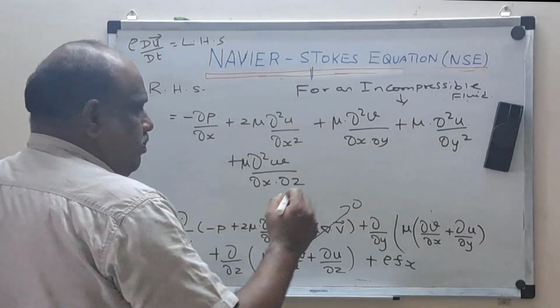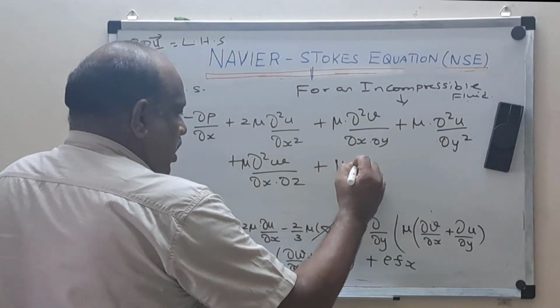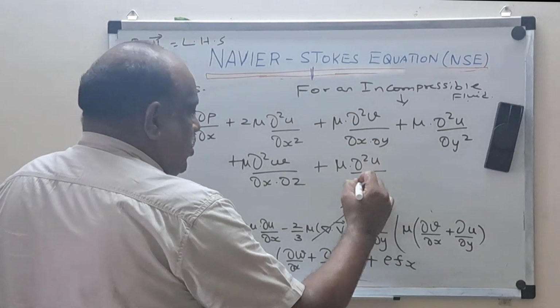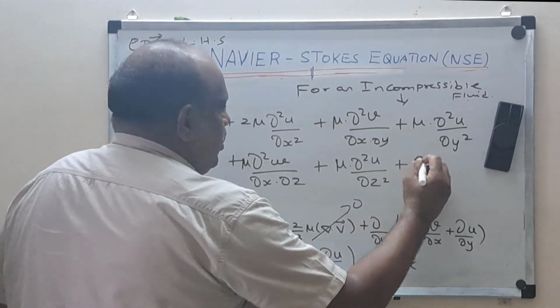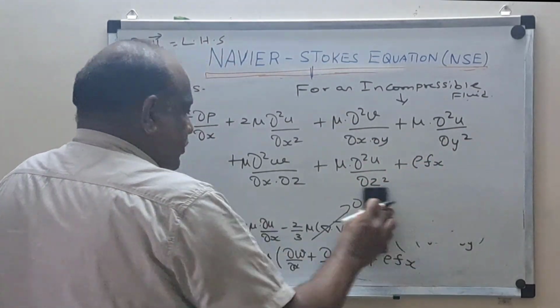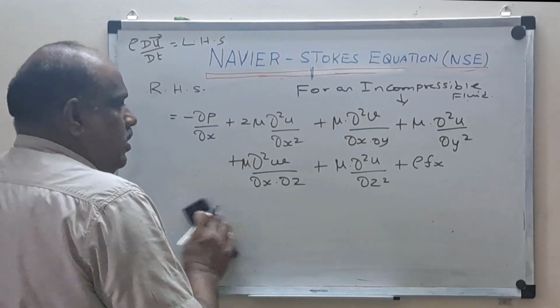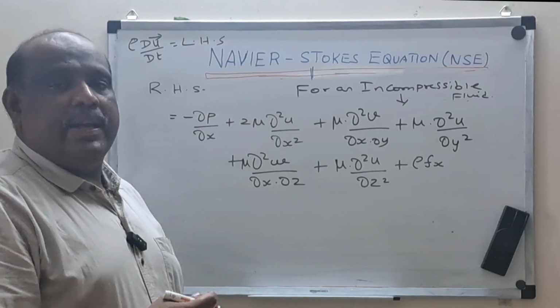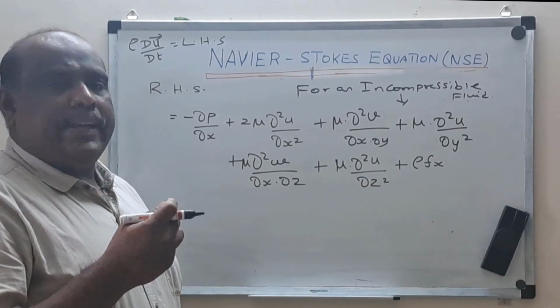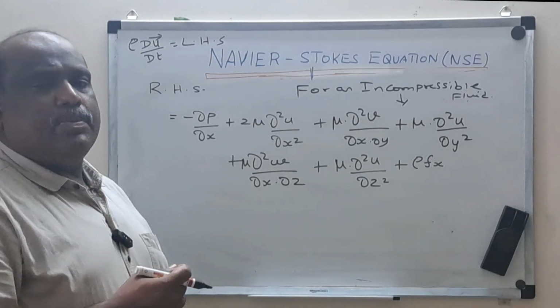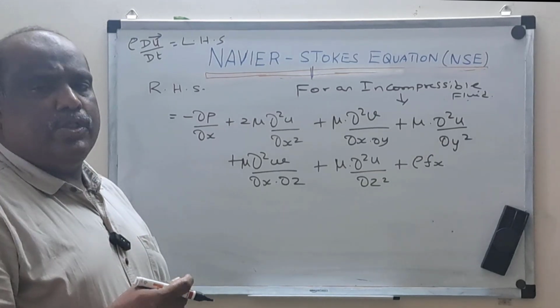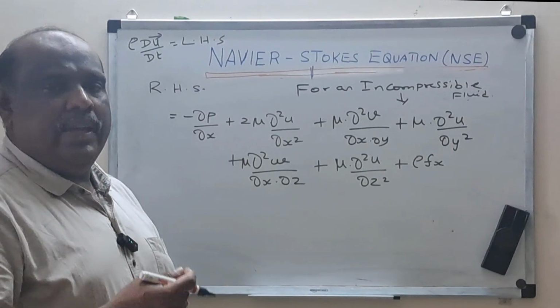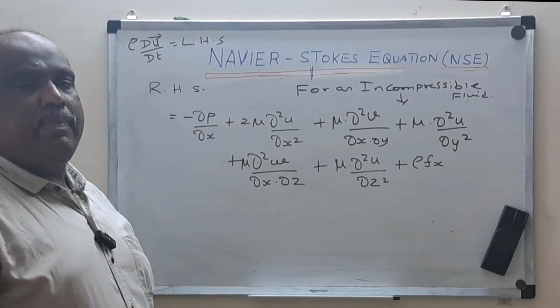I am multiplying this term plus mu into dou squared u by dou z squared plus rho into fx. So after simplification, I have substituted the values of sigma xx, tau xy and tau xz in the x momentum equation, and I made del dot v equal to 0 because that is the corresponding continuity equation for the incompressible fluid. The final expression has been obtained.